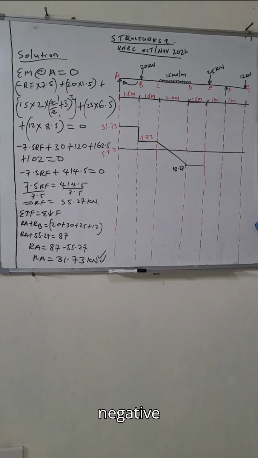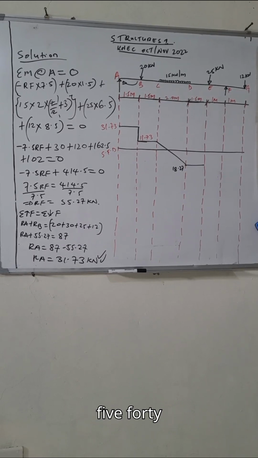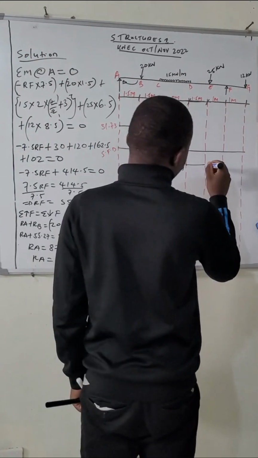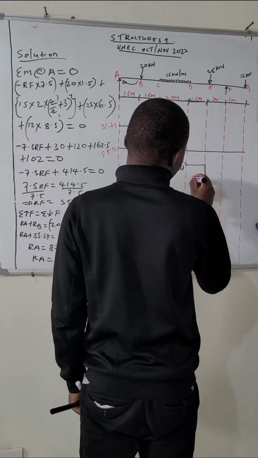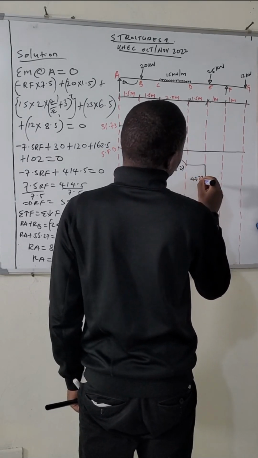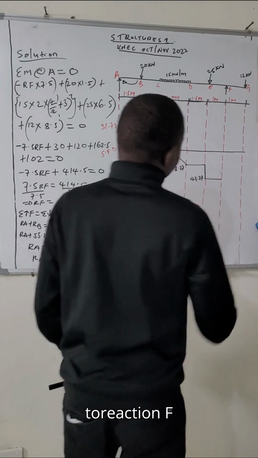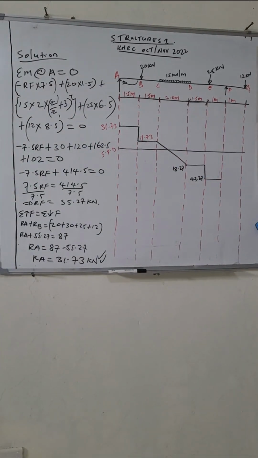Again, take negative 18.27 minus 25. It will be negative 43.27, somewhere like there. Again, it will be constant up to reaction F. Take negative 43.27 plus reaction at F, which is 55.27.